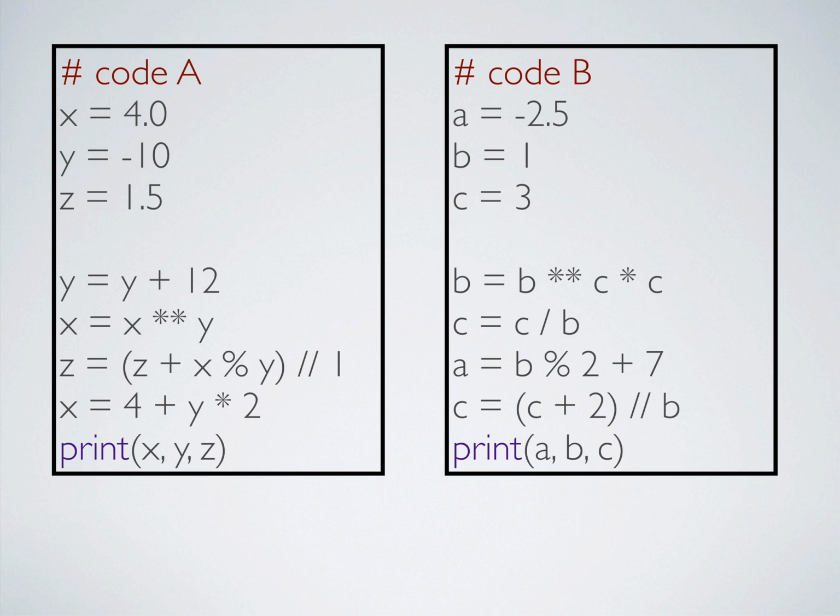Alright, so hopefully this is what you got. I will go ahead and work through code A. I'm not going to do both because it's kind of similar. That said though, if you do have questions about code B, please let me know.